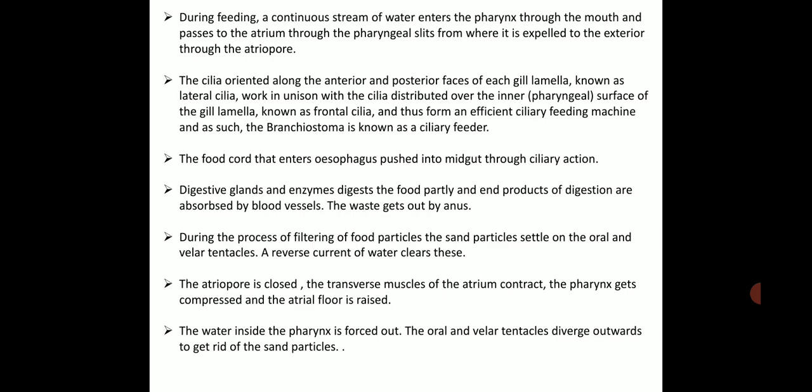Hence Branchiostoma is known as a ciliary feeder. The food cord that enters the esophagus is pushed into the midgut through ciliary action. Digestive glands and enzymes digest the food partly, and the end products of digestion are absorbed with the help of blood vessels, and the waste gets out by the anus.